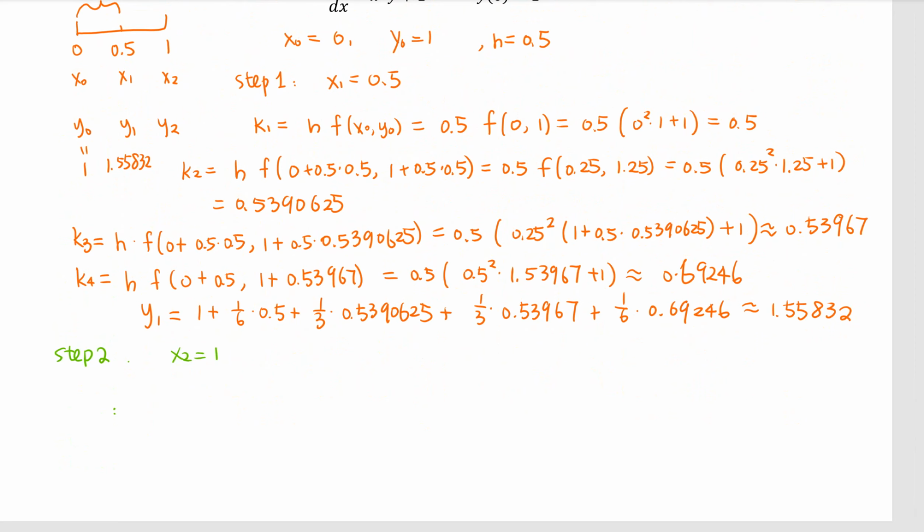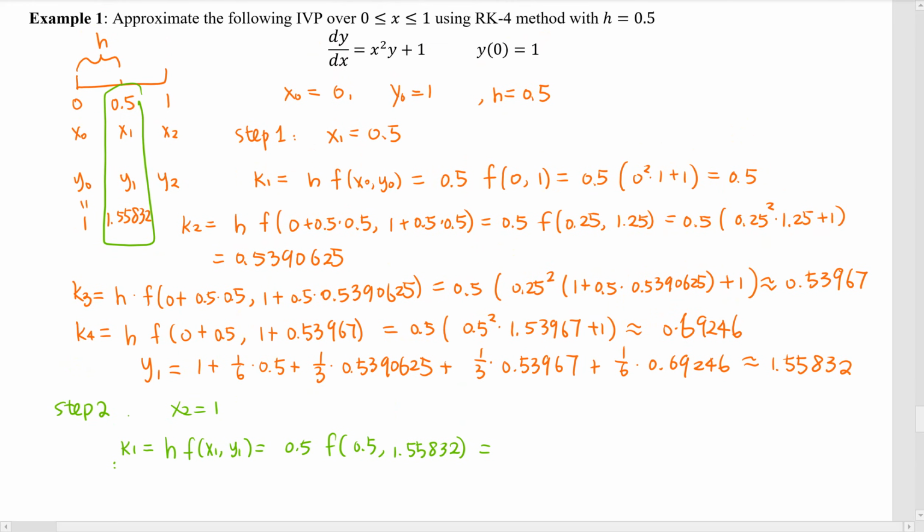So here, x2 is 1, right? And k1 is h times f of x1, y1. H is 0.5, and then f of, what's the point? This is the point we're gonna use. 0.5 and 1.55832. So that equals 0.5 and then 0.5 squared times y is 1.55832 plus 1.